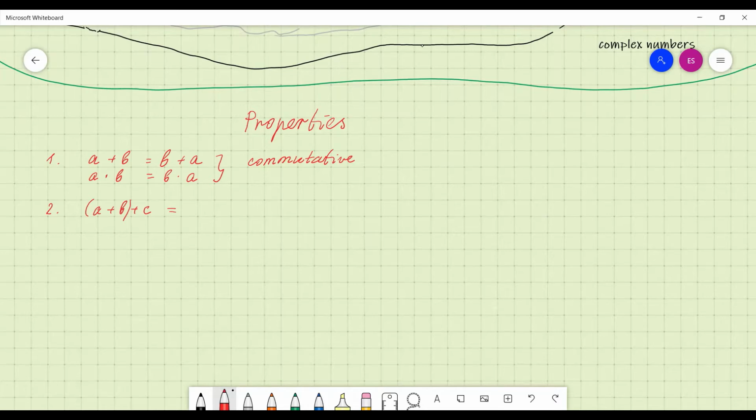So you can add a plus b and then add c to the result, or you can add b plus c and then add a to this result. Same works for multiplication. If you multiply 3 factors, you can multiply the first 2 and then multiply them by factor number 3, or you can multiply the second and third factor and multiply the result by the first one. So associative.